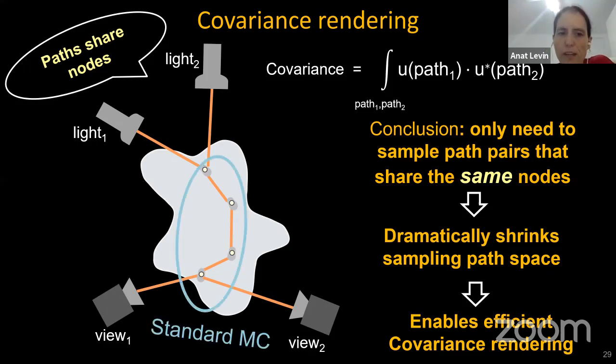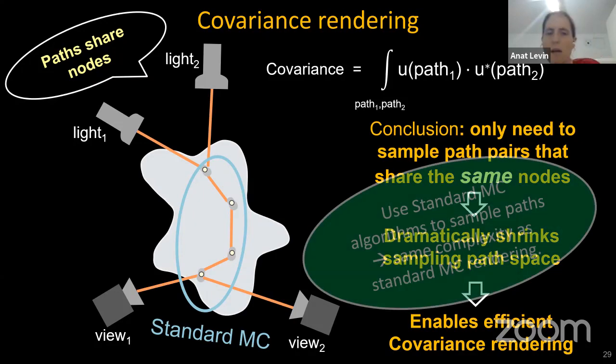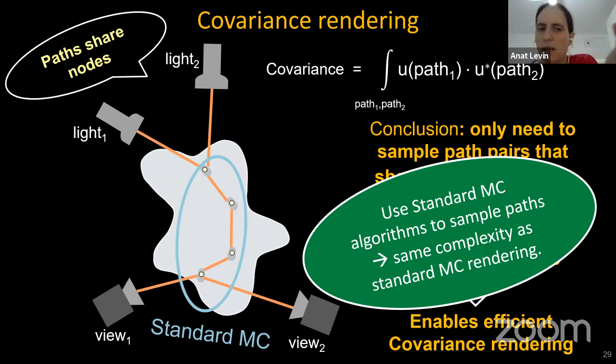Now, another useful thing is that the joint segment, you can just sample it in the same way that you sample it in standard Monte Carlo algorithms. And also it has the same complexity.